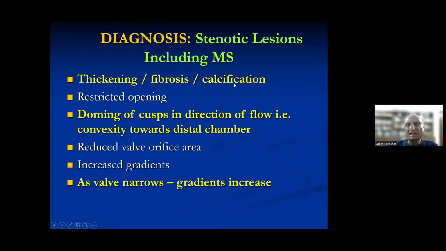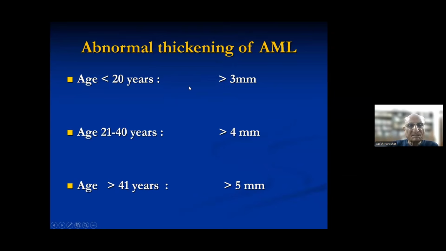Ultimately these are diseases of the walls, whether it is aortic stenosis or mitral stenosis. And if you are asked what the abnormal thickening is, say about 3 to 5 millimeters, and how to measure it, we'll tell you just now.